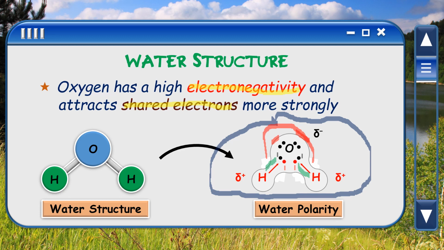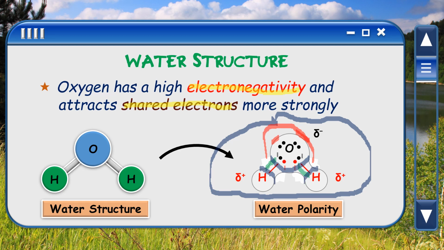But when you look at these two shared electrons, they spend much of their time where oxygen is, towards oxygen and not towards hydrogen. They have moved away from hydrogen.